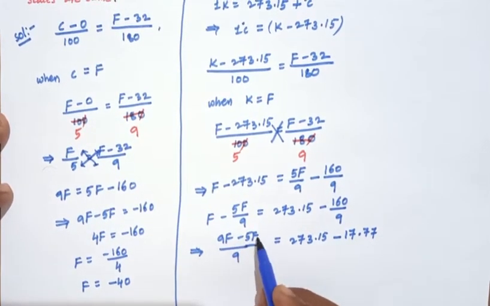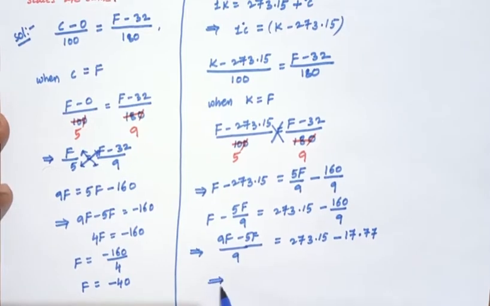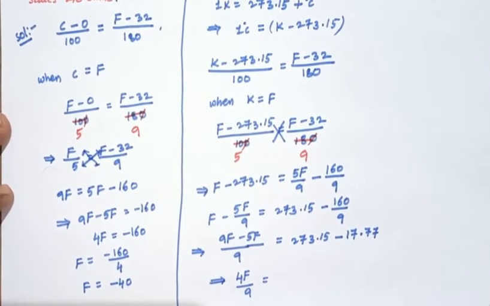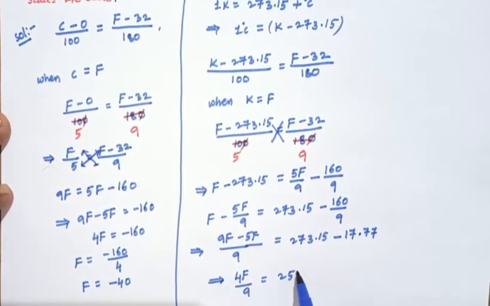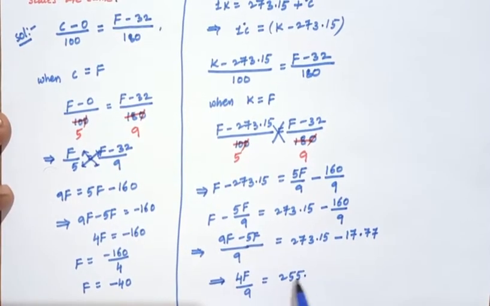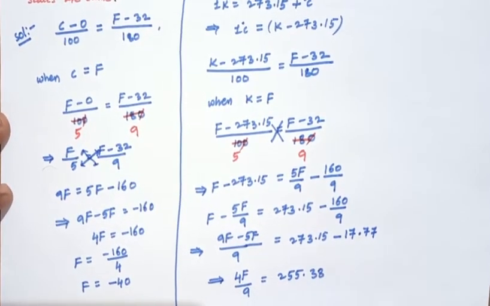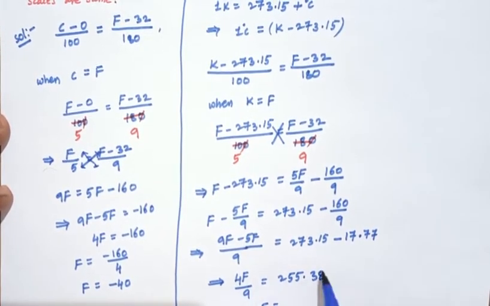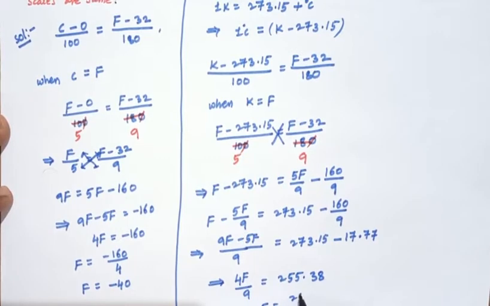So 9F minus 5F equals 4F, so 4F by 9 equals 255.38. Then F equals, taken to the right side, 255.38 into 9 by 4.